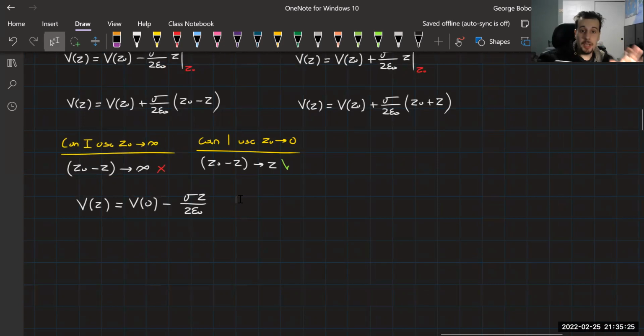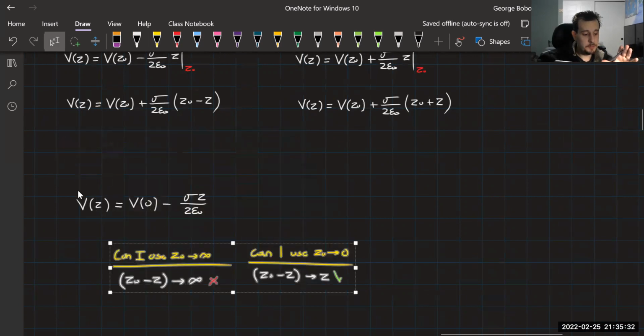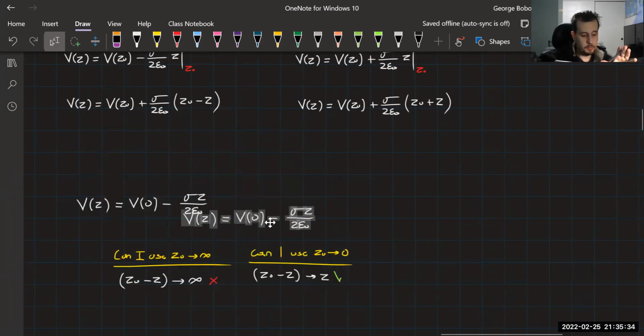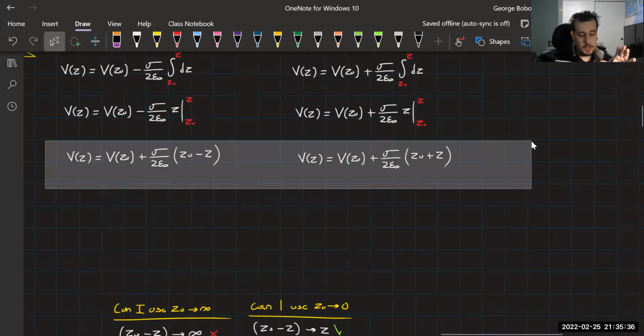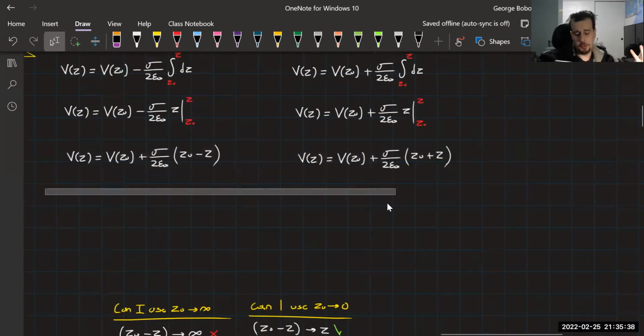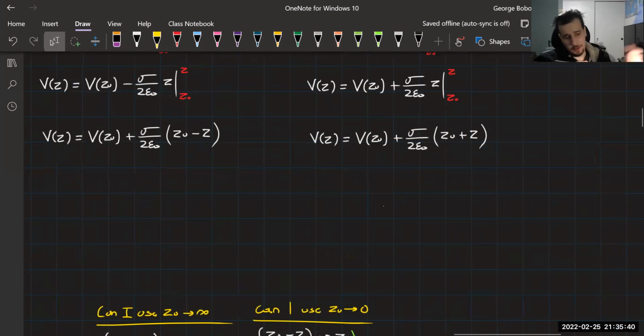Now, to combine both of these results, before I make the simplification over here, I can be more clever than this. This is working for z greater than 0. This is working for z less than 0.